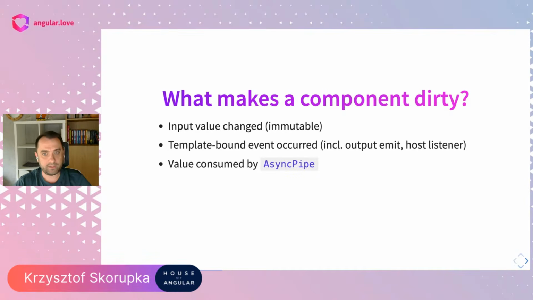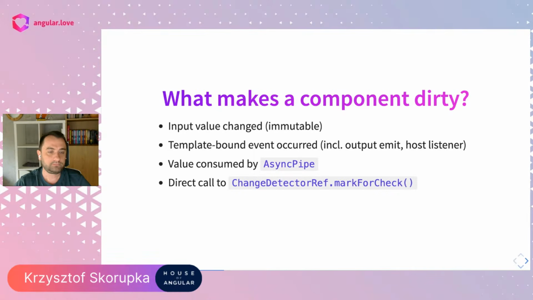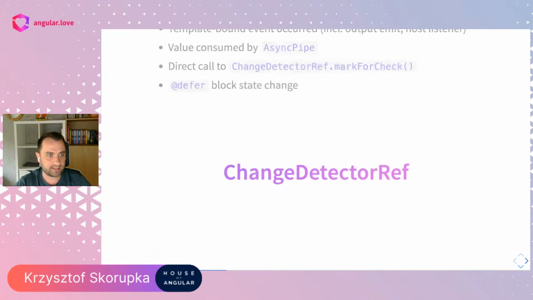Of course, our old friend the async pipe also marks a component as dirty. We can call the markForCheck method from the change detector ourselves, so this way we explicitly mark a component as dirty. And also if a defer block has its state changed, this marks the component dirty as well. All right, so that's the set.